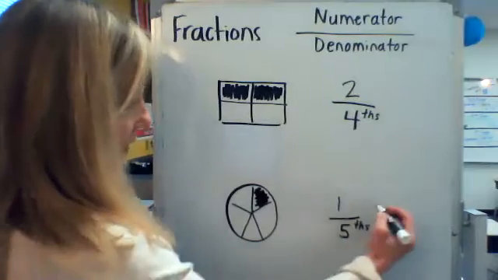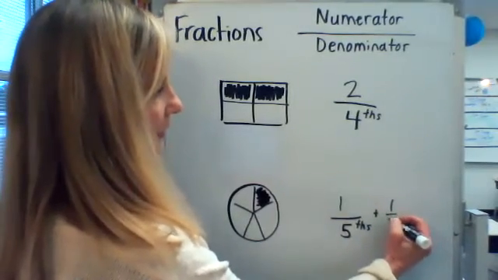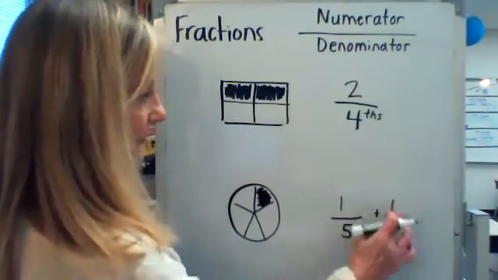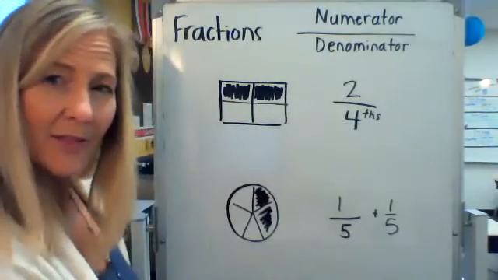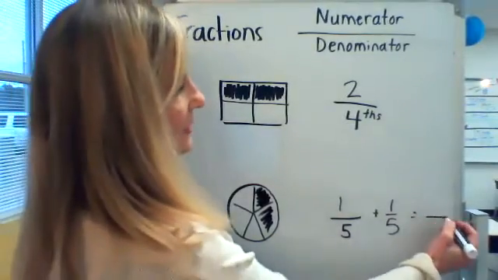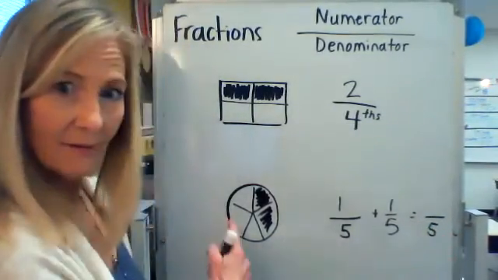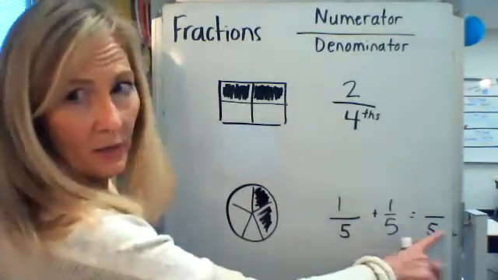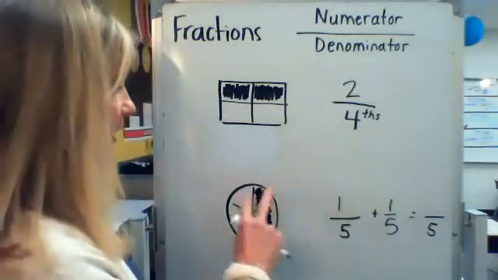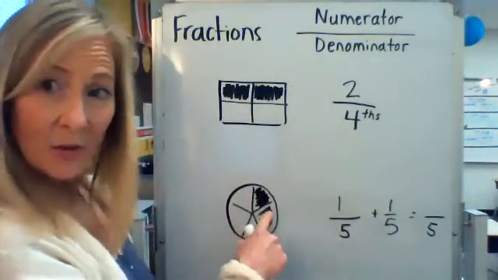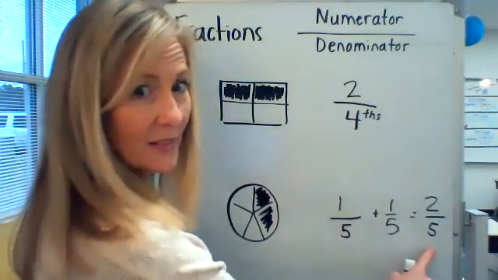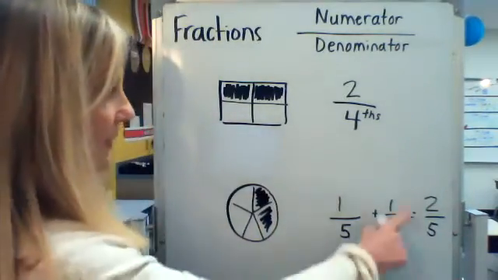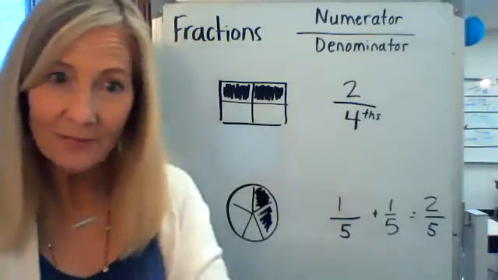Now I could add another unit fraction together, 1/5 and another 5th. How much would I have then? Well, there's still fifths, right? So I know my unit. We're working with fifths. I just now have, the amount has increased, and now I have 2/5. So that would be adding fractional amounts.